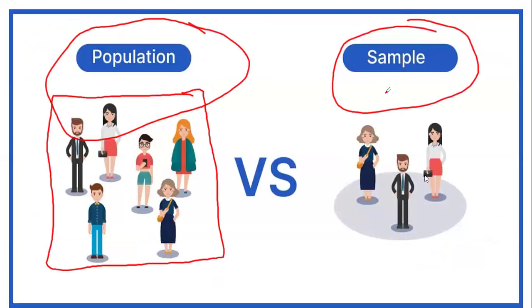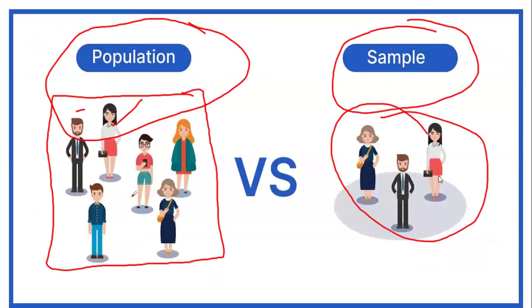If we just get a portion of the population, then you have what we call a sample. So there's no sample without the population.